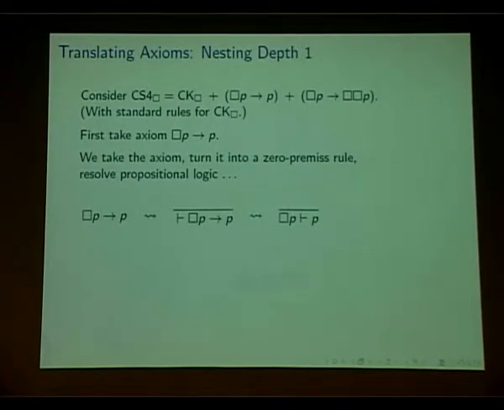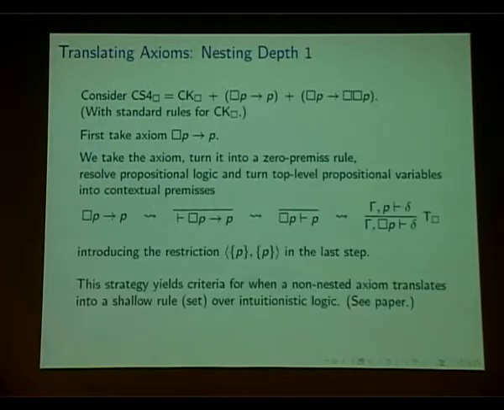We end up with a sequent box P entails P. And again, this is not yet a rule in our sense because we have a propositional variable in the principal formula, and we are only allowed to have modalized variables. So this can be dealt with as well.